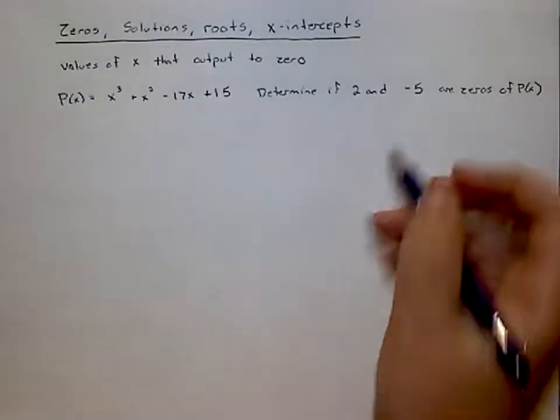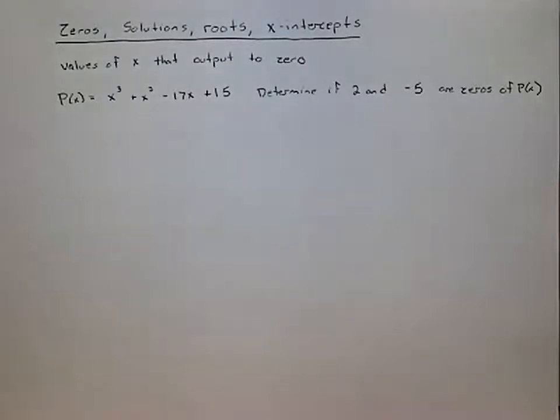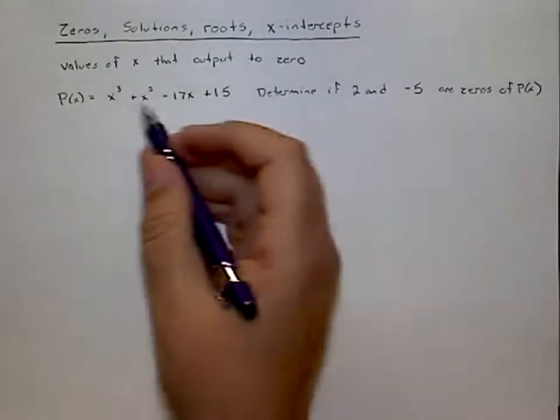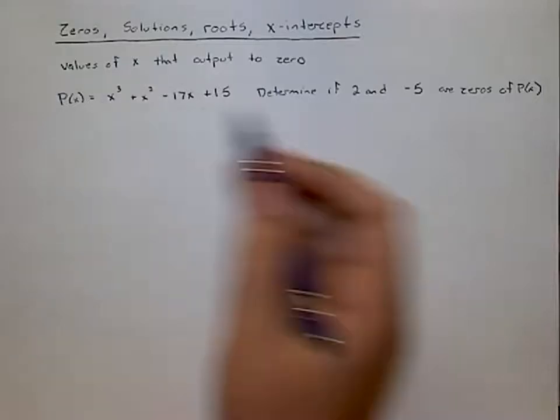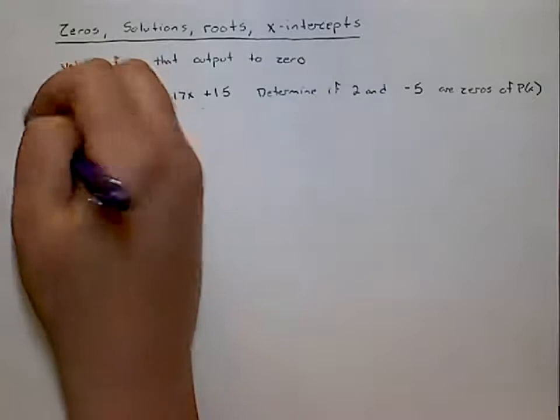So are 2 and -5 zeros of this? What does that mean? That means that if they get plugged in for all of the x's, will they output to 0? So let's figure that out.